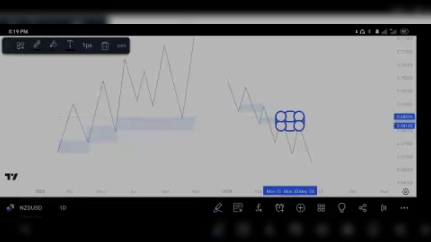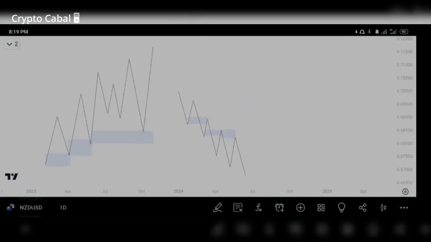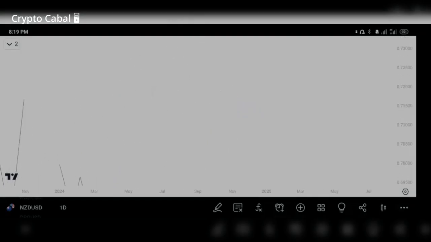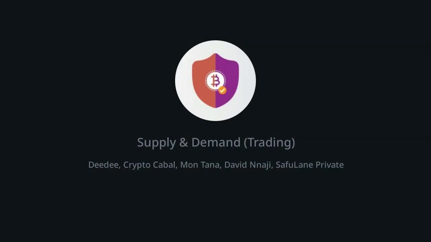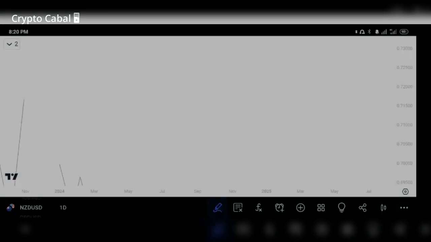But before I dive into the charts, I want to explain more on demand and supply. When price is moving, tapping on demand and supply zones, it's not just any place in the market where we get these zones.